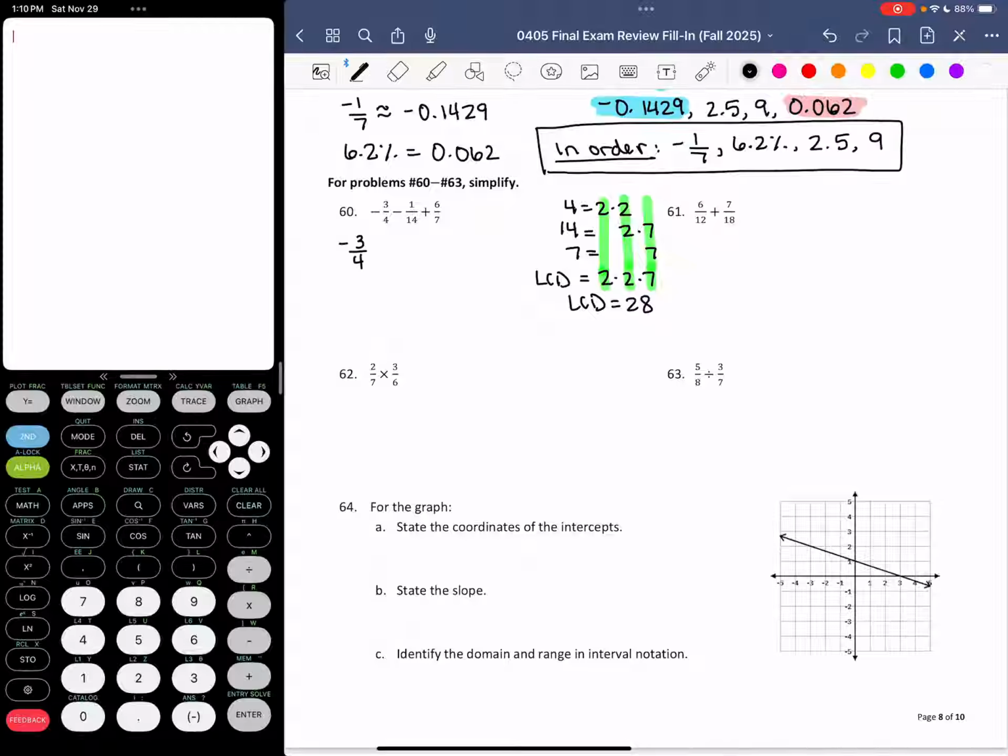I'm going to put all their signs here. So we have to multiply all of these, right? So we're going to multiply this one here by 7 over 7. 14, we're going to multiply by 2 over 2. And then 7, we're going to multiply by 4 over 4, right? Okay.